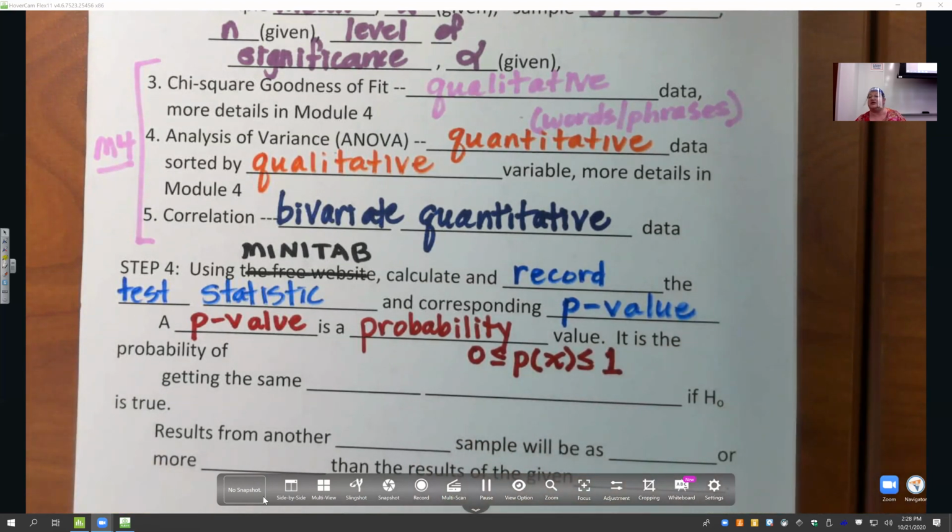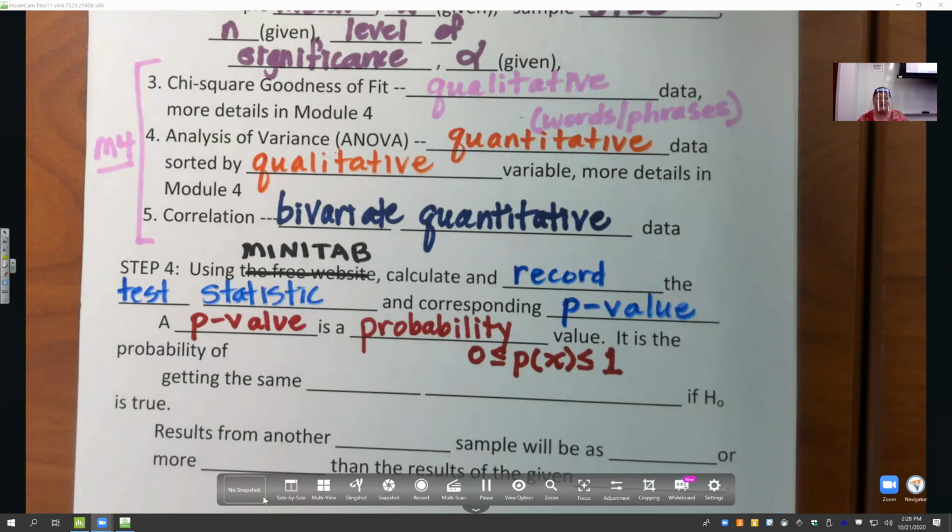Remember, probabilities are always between 0 and 1, meaning I'm not going to get a p-value that's negative, nor am I going to get a p-value that is greater than 1. That's a no-no. That breaks the rules of probability.